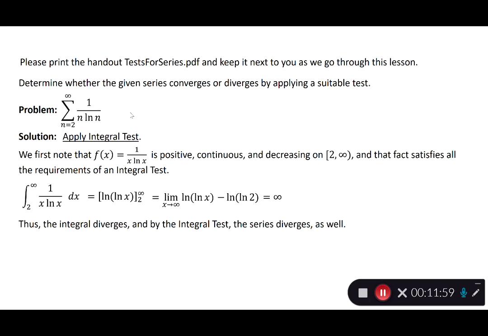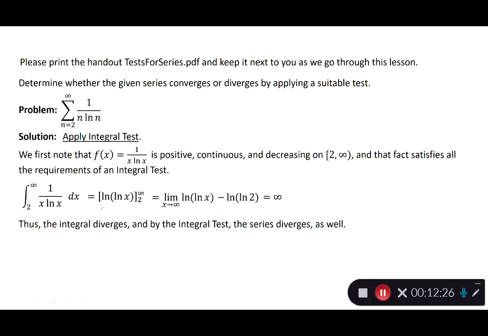Okay. So the question is, is this the slowest diverging series? No. If we apply the same test, we can show that 1 over n natural log of n natural log of n also diverges. What am I going to do? I'm going to multiply the denominator by another natural log of n.